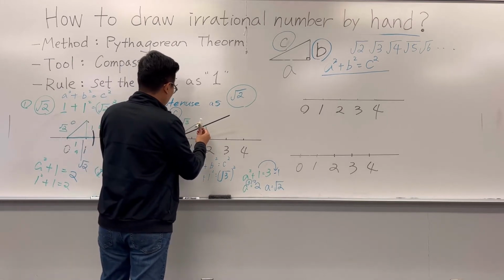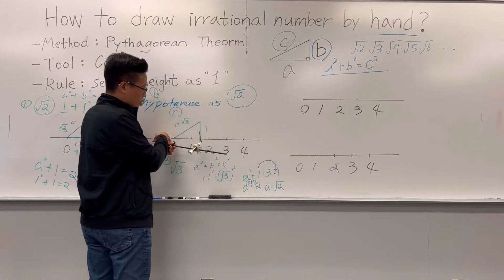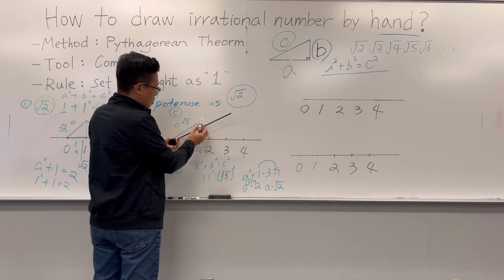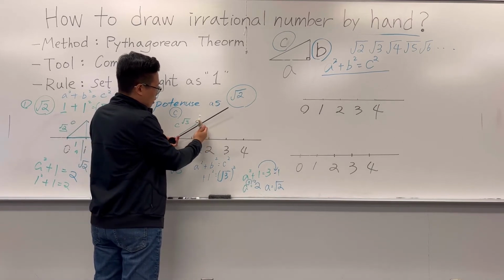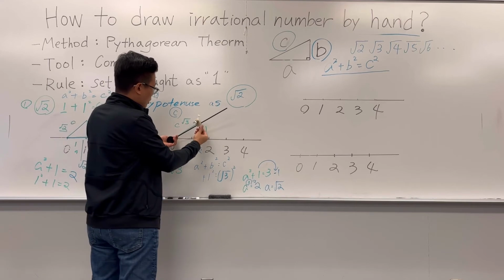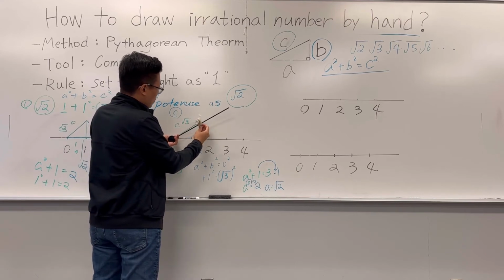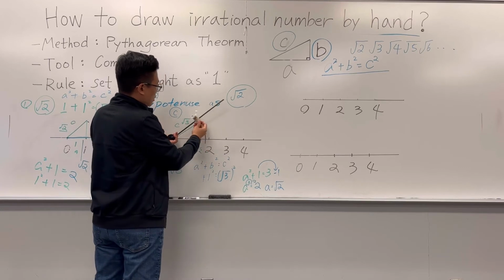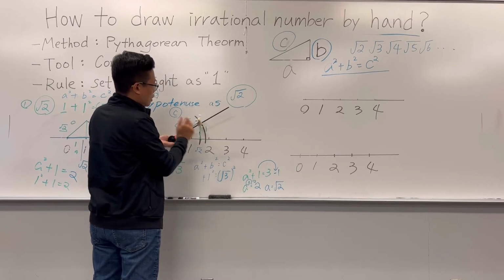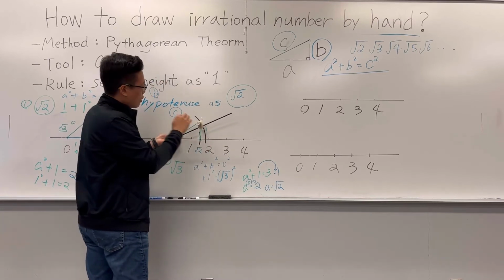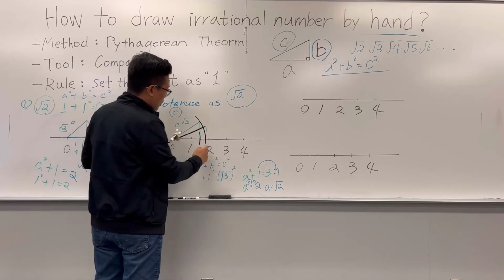So now, again, you start from 0 to this point, and this length here is the square root of 3, and then you drop down here.